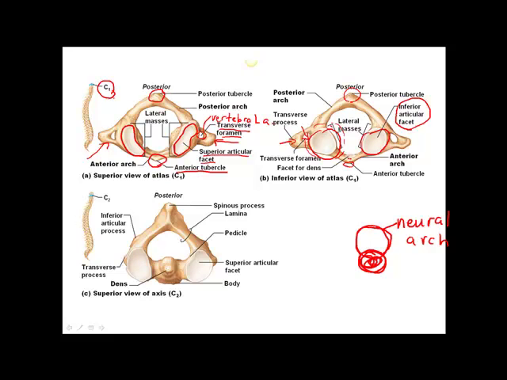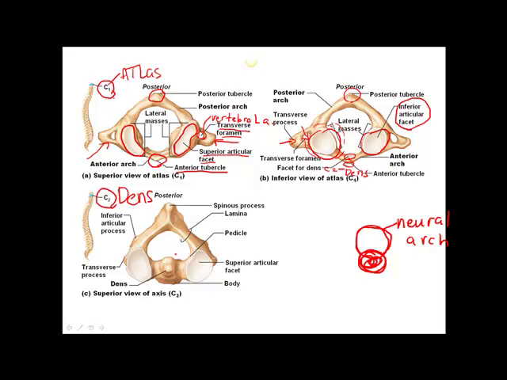Now there is a facet right here, and this is for C2. C1 is also called, I'm sure you've heard this, atlas. And C2 is called the dens. Now you'll see in a moment, this is C2 here, dens. You need to know that C2 is the dens and that the dens is C2.